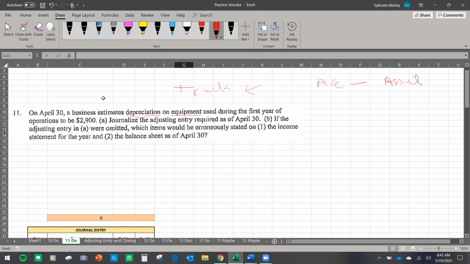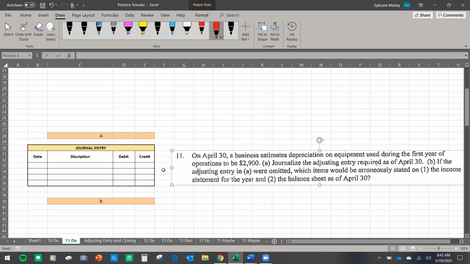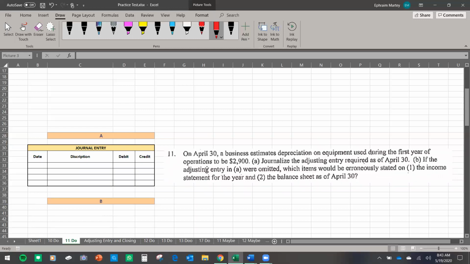This for the first year is 2,900. So we are going to journalize that for April. I'll move this here so we can see it side by side. So what are we going to journalize? We have a depreciation expense, and we increase that by debit, and then increase accumulated depreciation by credit.